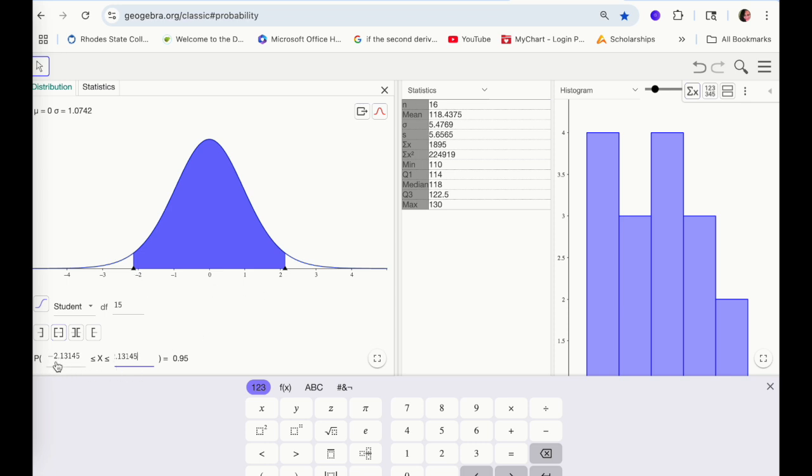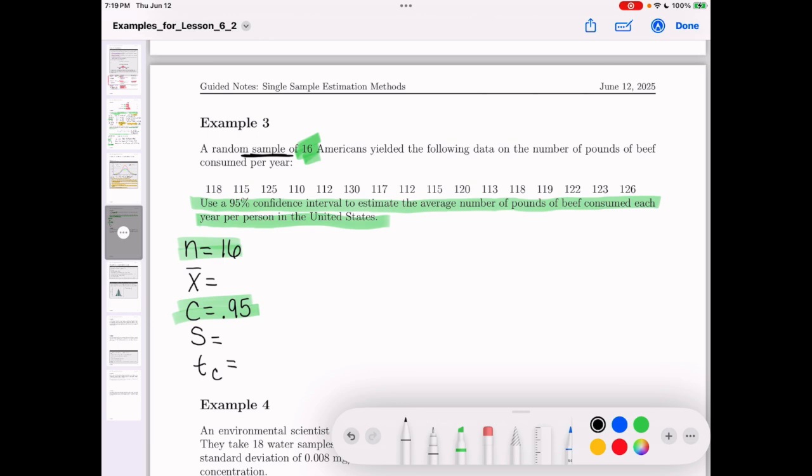So our t-score is 2.13145. Let's round it to two places to be consistent because that's what we've been doing. So we'll round it to 2.13. So I'm going to write all of this down, what we found from GeoGebra. We got that our mean for the sample was 118.4375.